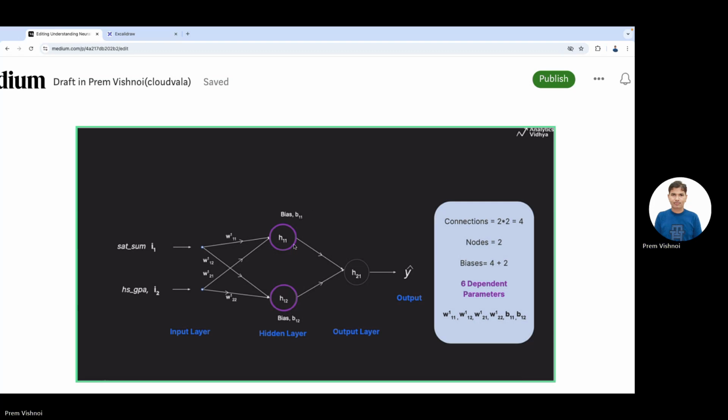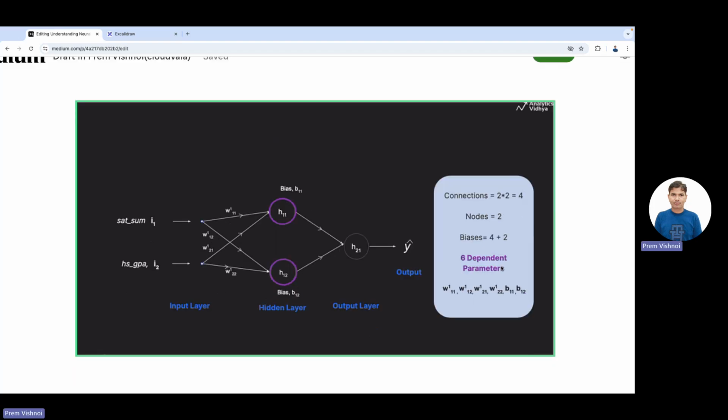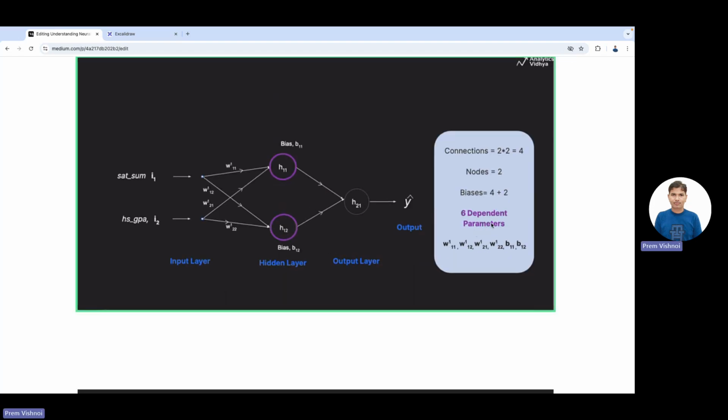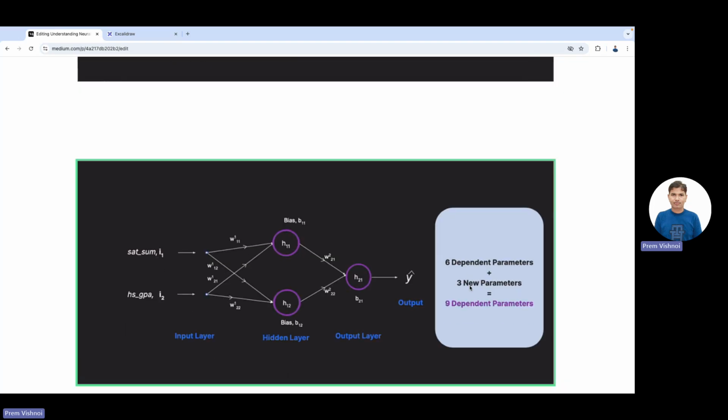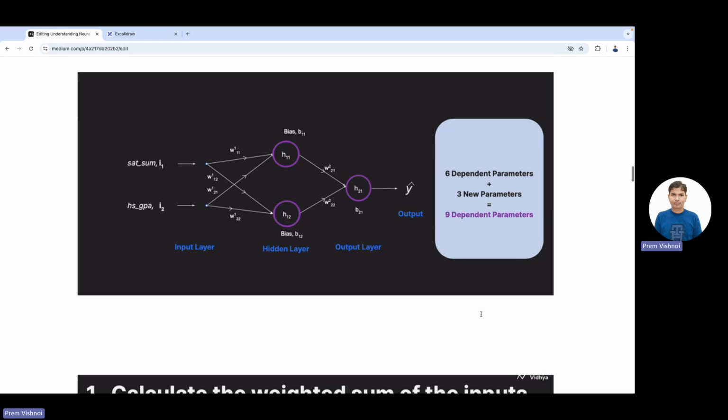Bias: 1, 2, 3, 4 plus 2, right? So 6 dependent parameters, plus 3 new parameters, I think they consider 1, 2, 3.